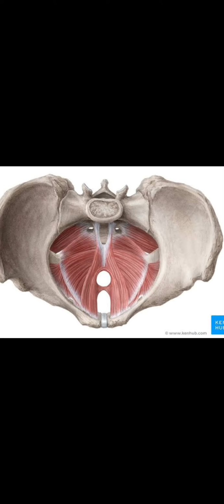Let's move on to the pelvic cellular tissue. It separates the pelvic floor and pelvic peritoneum. Its functions are, it prevents infection, it protects the blood vessels, and it helps in the widening of space during hypertrophy in pregnancy.